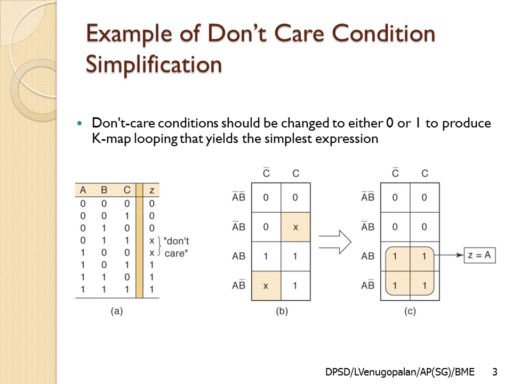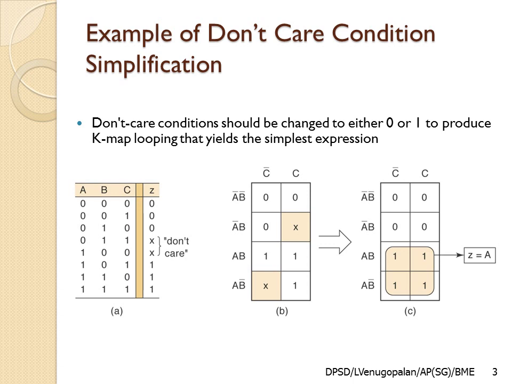For example, here in figure C, the A, B dash, C dash term was a don't care condition, and I have changed that to 1, which simplifies my output to be equal to A. However, had this been done in the conventional way, taking figure B and simplifying the K map, the output would have been AB plus C, right?